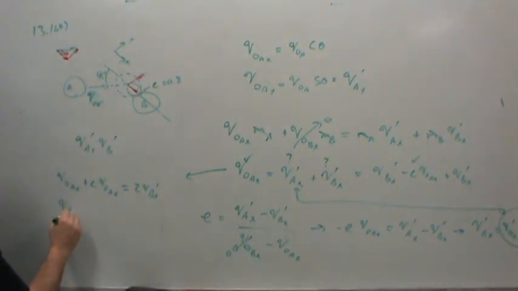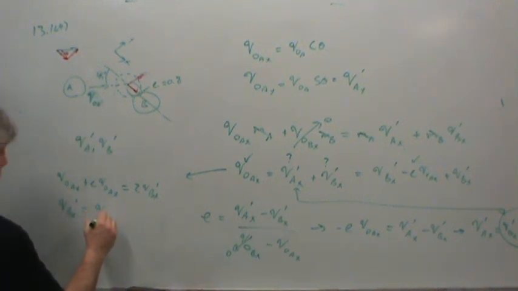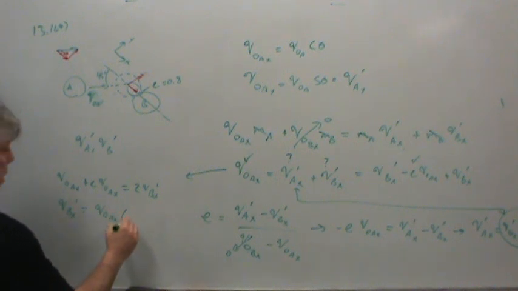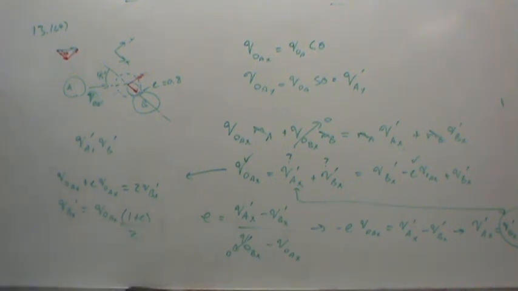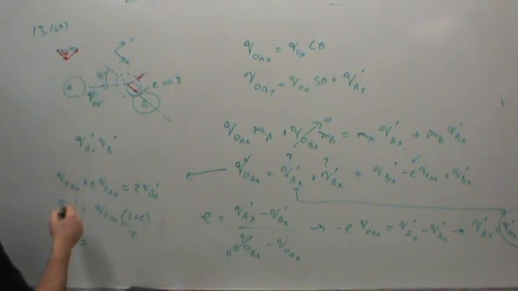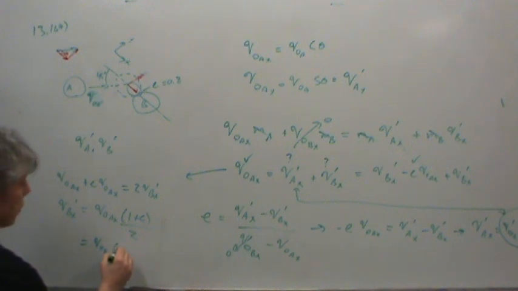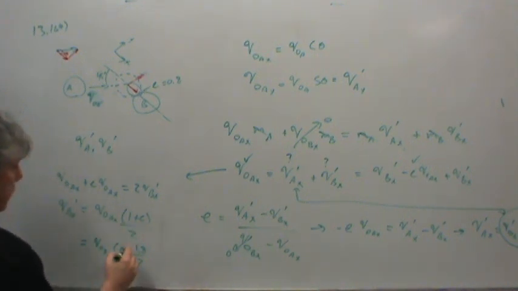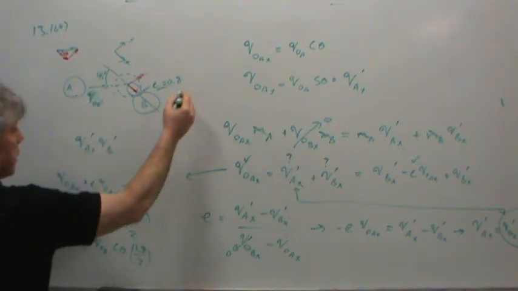And so V B x prime, the velocity of B after impact, is the initial velocity of A in the x direction times 1 plus E divided by 2. E is not the special number e, it's the 80% coefficient of restitution. So, the initial velocity in the x direction is V naught A cos theta, and this would be 1.8 over 2, because the coefficient of restitution is 80%.